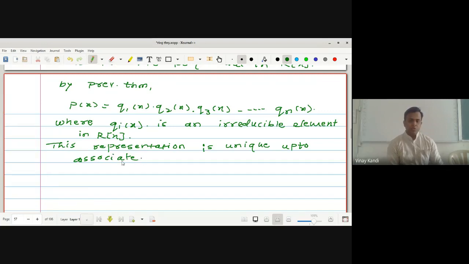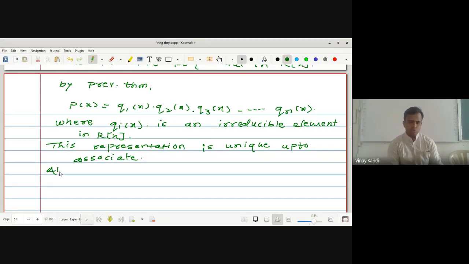If another representation is there, then that representation is the same up to associates. Suppose p of x is equal to r1 of x, r2 of x, up to rn of x, which is one more representation of p of x, then qi is associated to rj for some i and j. So this representation is unique up to associates.